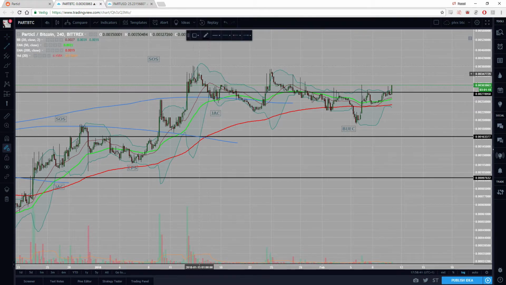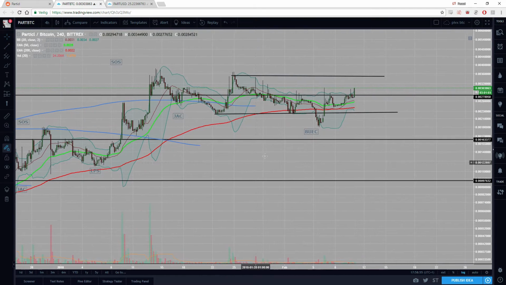So let's say we have this line right here as resistance, and this is like a secondary test. So let's ignore this line, right? And then you have a nice springing phase, which is supposed to shake out everyone who is holding Particl. And then we have a nice jump across the creek.